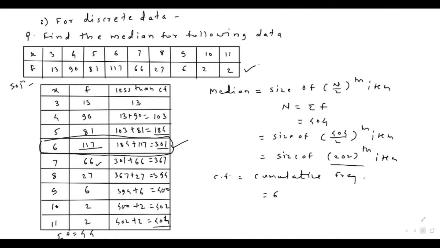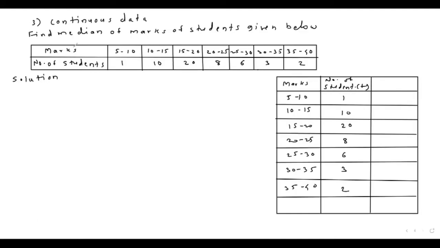The next data type is continuous data, and the problem is: find the median of marks of students given below. This is my data set of marks and number of students. The formula for this data set is median equals, again, the formula of the discrete data set is used here, that is size of N divided by 2th item. We know that capital N is equal to the summation of frequency.